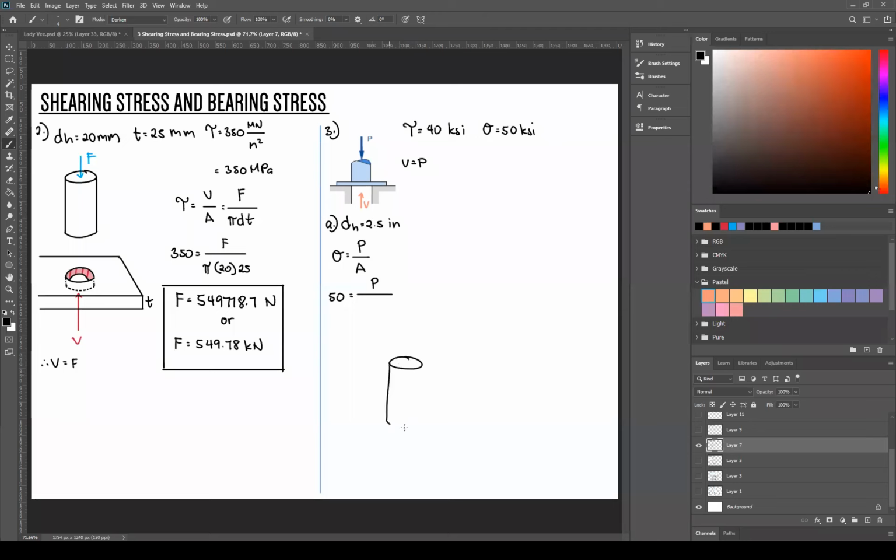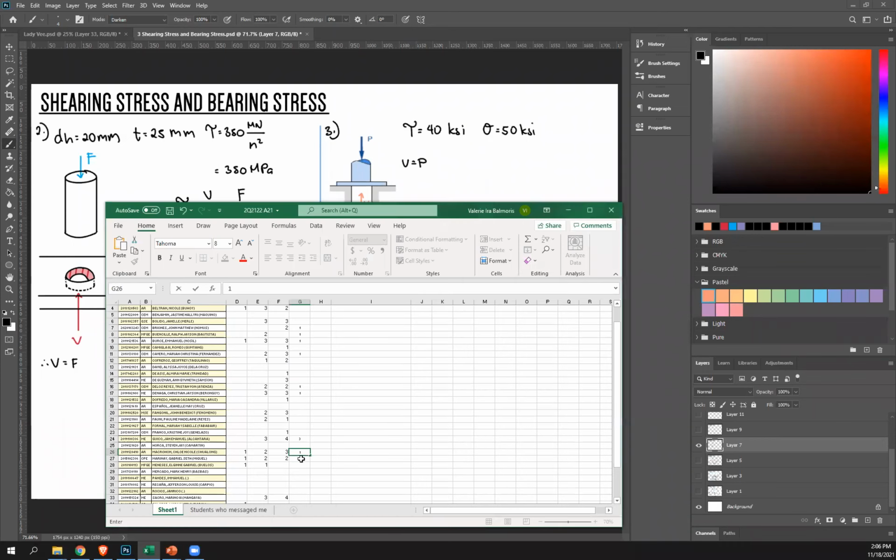Okay. Remember, if we have a tube, we have this normal force P, stress is P over A. What is A? Correct, Jan. Pi over 4 d squared.